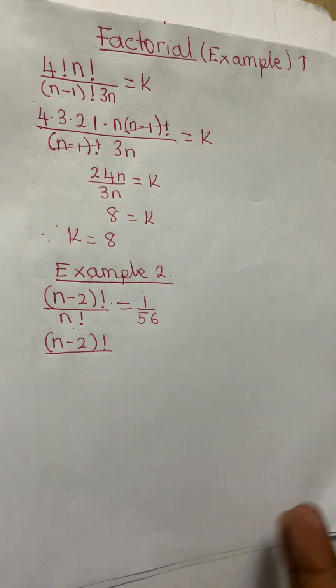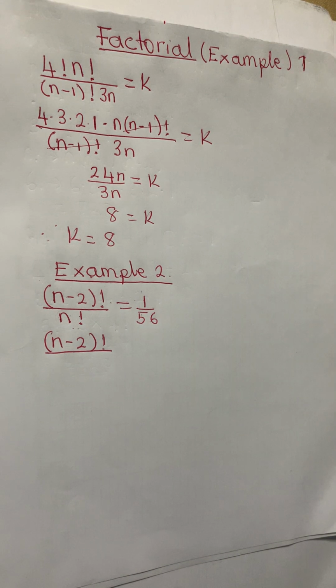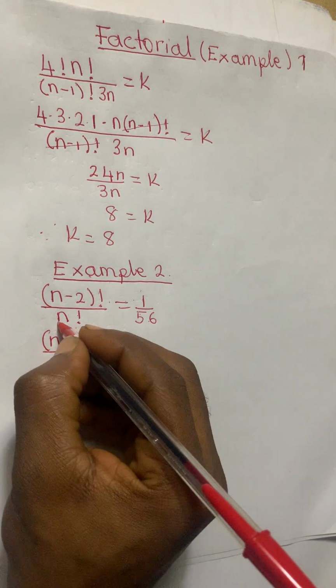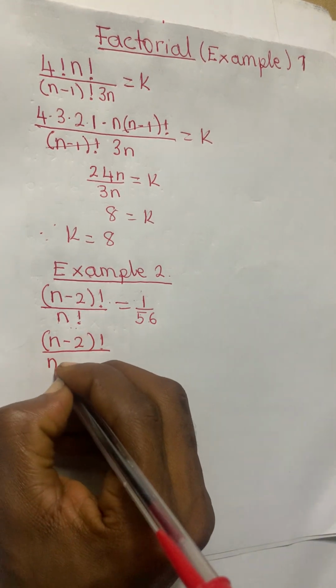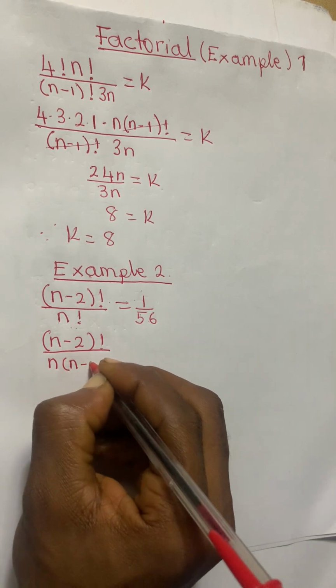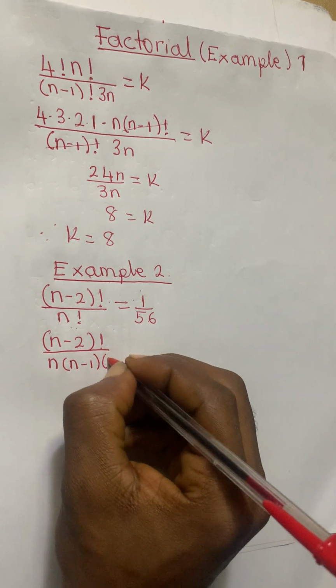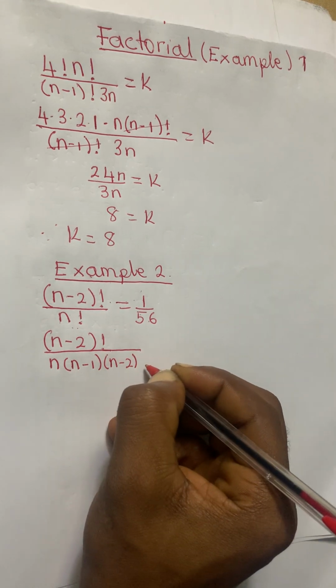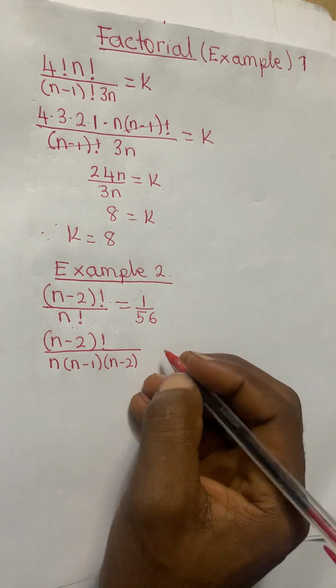And by the concept of factorial, it is the product of all positive whole numbers from n, a given number, down to 1. So n factorial here becomes n times (n minus 1) times (n minus 2). We can continue to n minus 3, n minus 4.